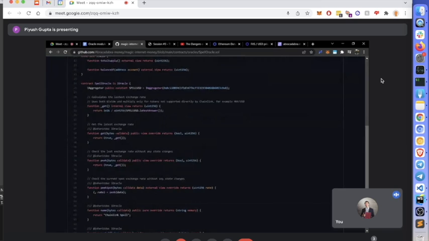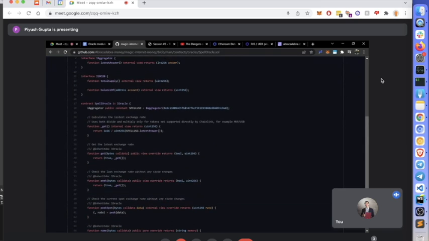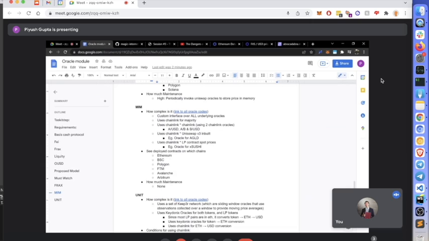Because it used Chainlink, and to sponsor Chainlink on Avalanche, it definitely probably costs $1 million a year, like last time I checked. This is based on the assumption that the oracle somehow exists, but you're definitely right. Maintaining an oracle yourself definitely costs a lot.